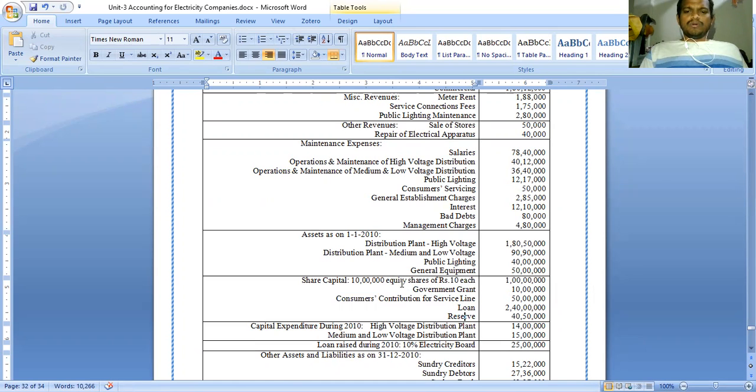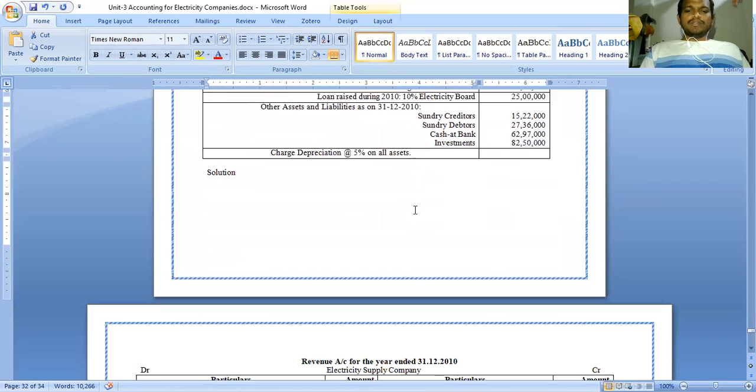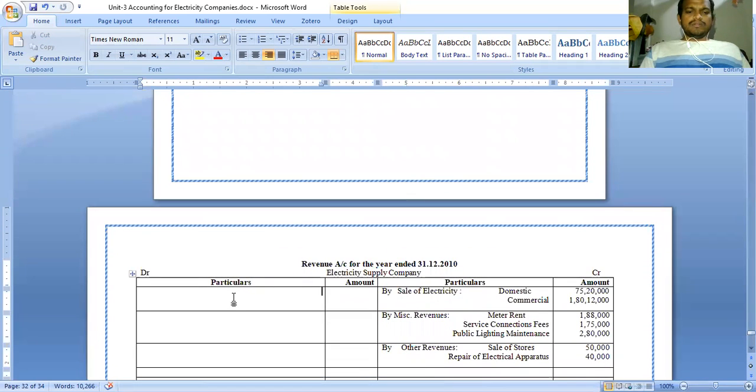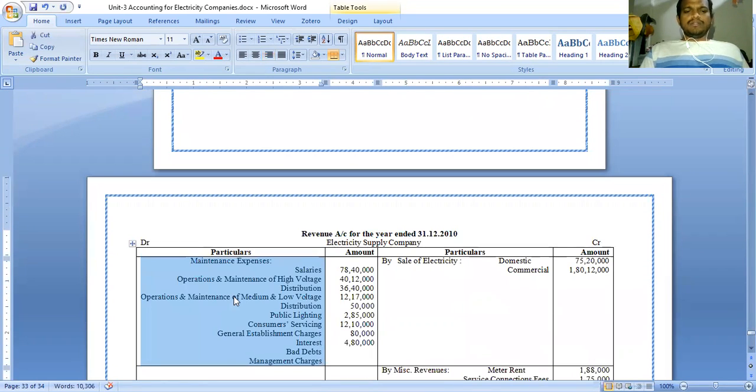So what I assume is this interest belongs to long-term borrowings. So interest on long-term borrowings, we have to treat it as revenue expenditure. In the sense, it will come under the revenue account debit side, miscellaneous expenses. So if you have any doubt, then please put a note that you are assuming whatever the treatment.